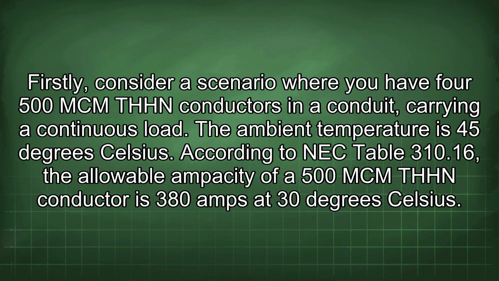Firstly, consider a scenario where you have 4 500 mcm THHN conductors in a conduit carrying a continuous load. The ambient temperature is 45 degrees Celsius. According to NEC Table 310.16, the allowable ampacity of a 500 mcm THHN conductor is 380 amps at 30 degrees Celsius.